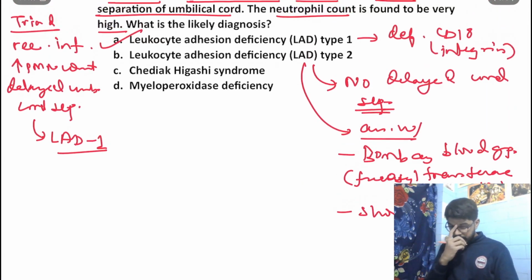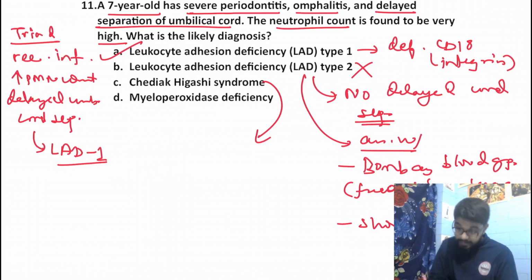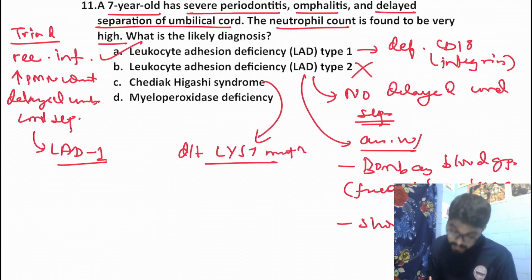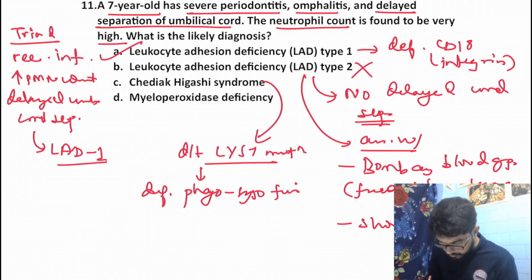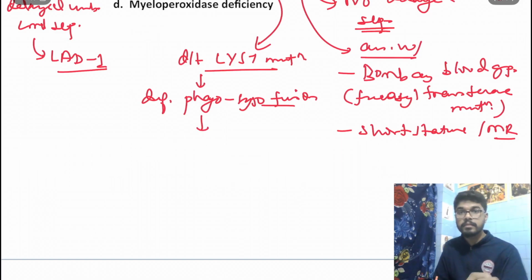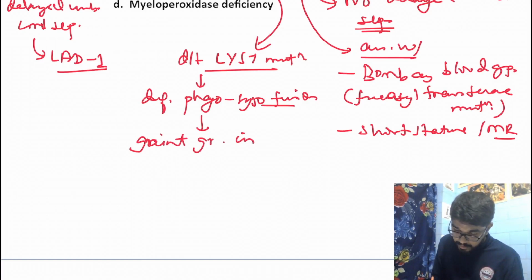Okay. Chediak-Higashi syndrome. If we talk about Chediak-Higashi syndrome, B cannot be an answer. Chediak-Higashi syndrome is due to LYST gene mutation. Now, this LYST gene mutation would result in a defective phagosome-lysosome fusion, and this results in accumulation or presence of giant granules in neutrophils.